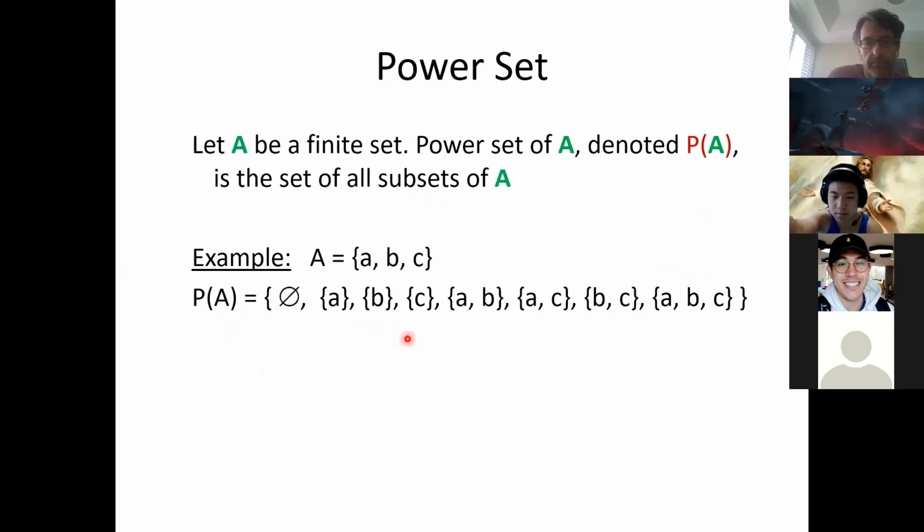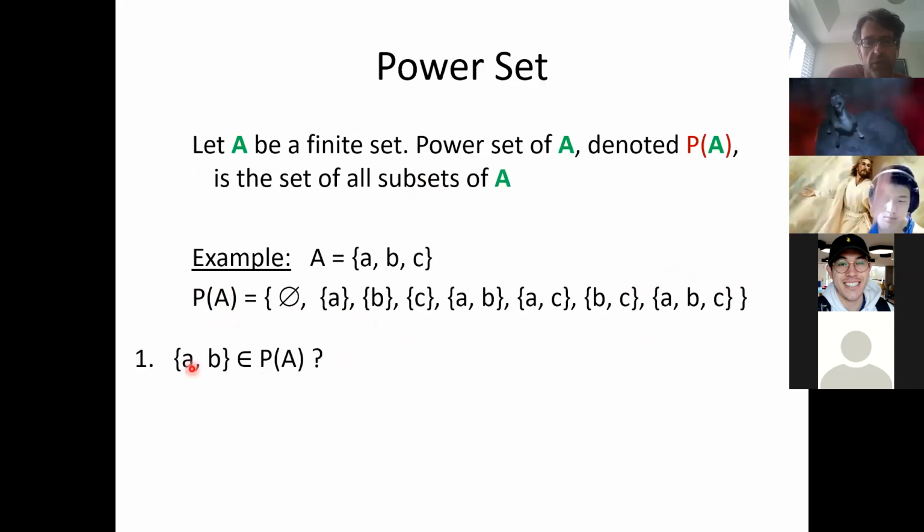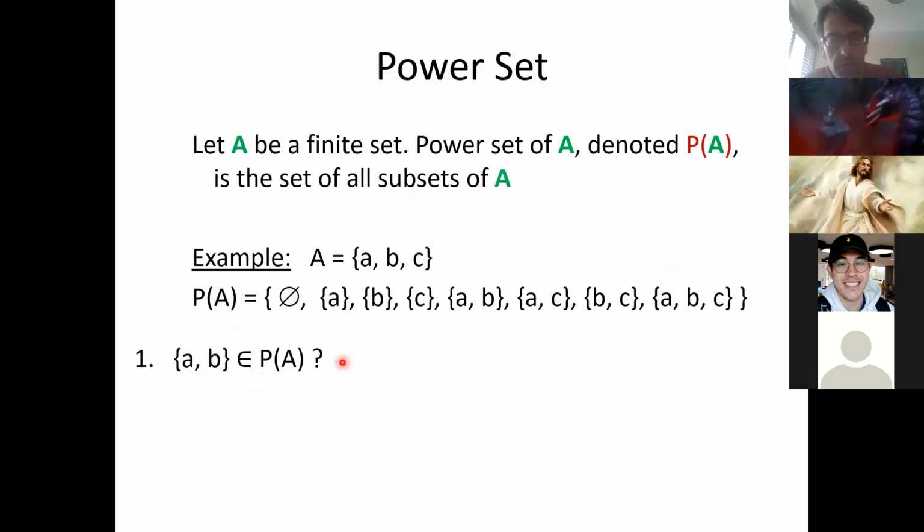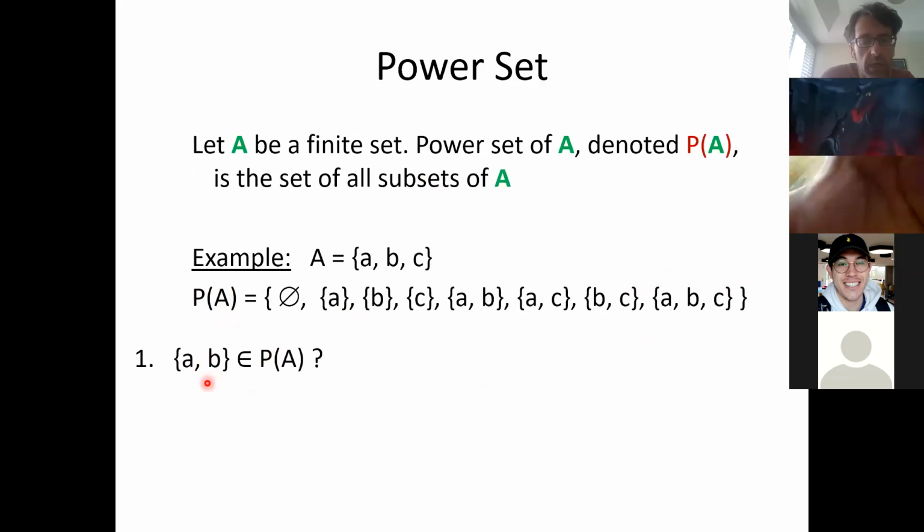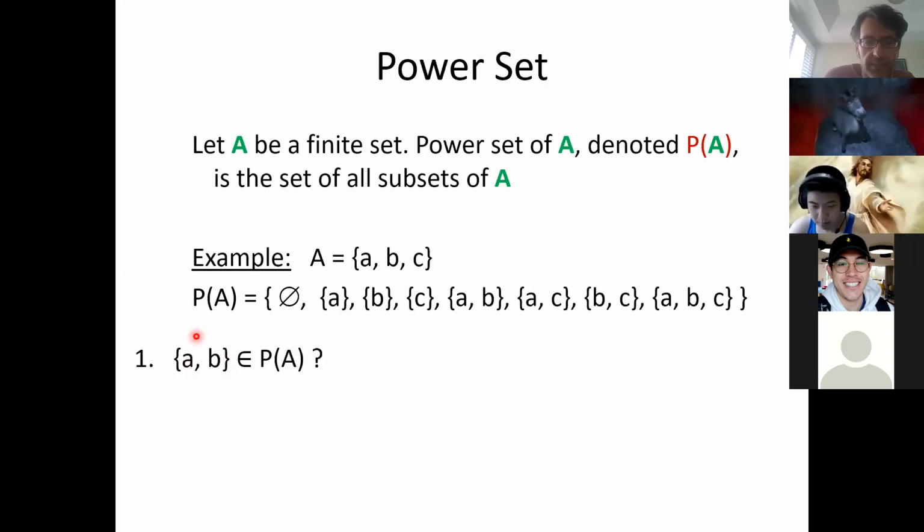Now, go to your charts and tell me what's the answer here. Is this thing, which is a set with just two elements, A and B, an element of this set?